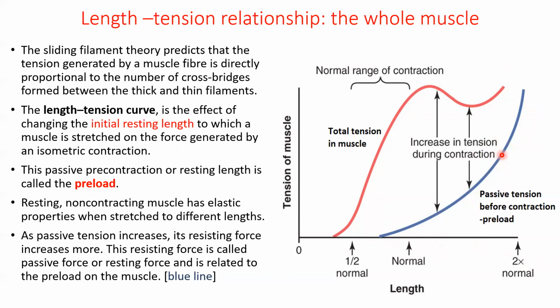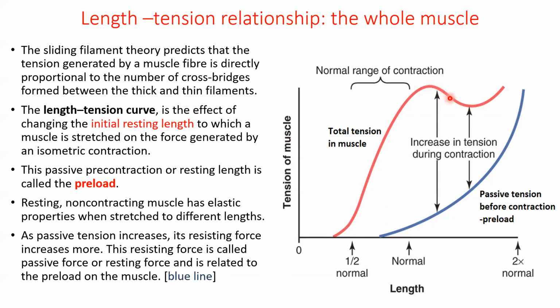That's before the contraction, the preload. Now, when you stimulate that muscle, it will contract. This is the active tension, and it keeps increasing up to this point. When it gets to this point, that's the maximum tension that that particular muscle can generate. Then it starts to decrease.